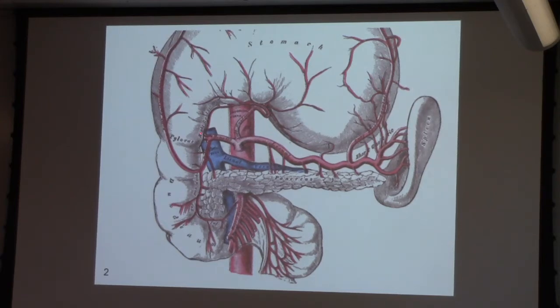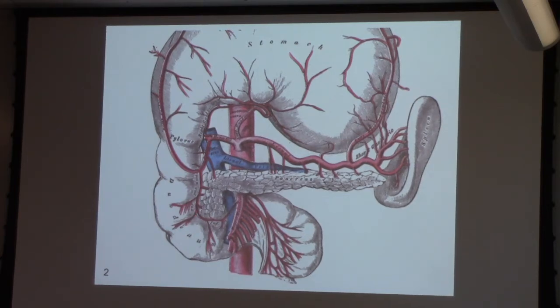That's the right gastric, left gastric, right gastroepiploic, left gastroepiploic. This is the gastroduodenal. Right in here is the gastroduodenal, when it splits into the right gastroepiploic and the duodenal. So this is the gastroduodenal.